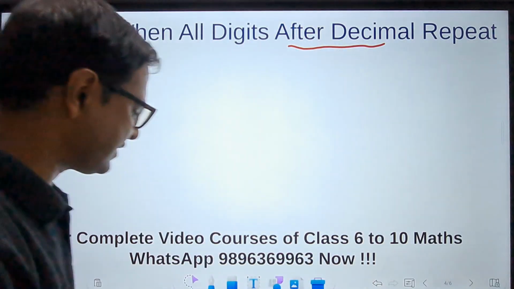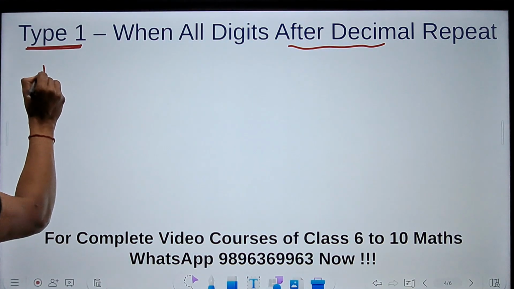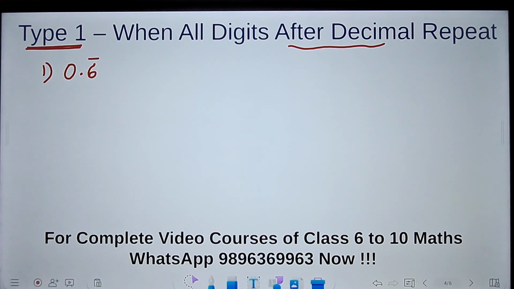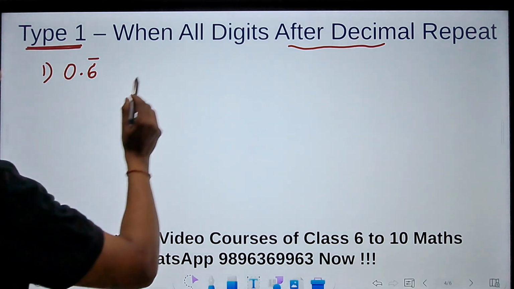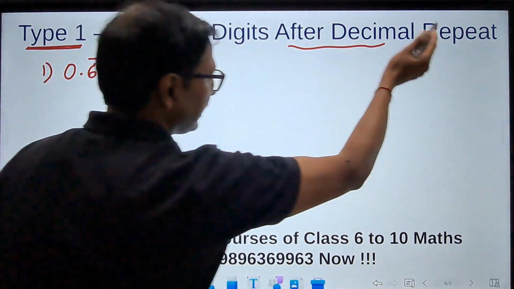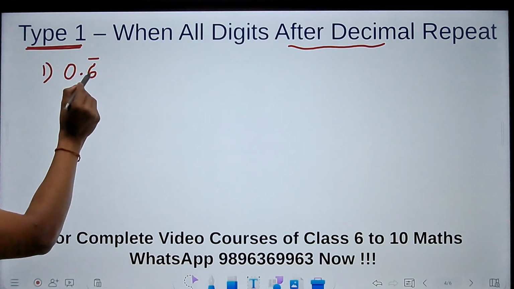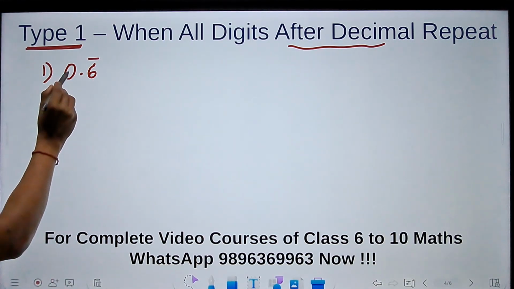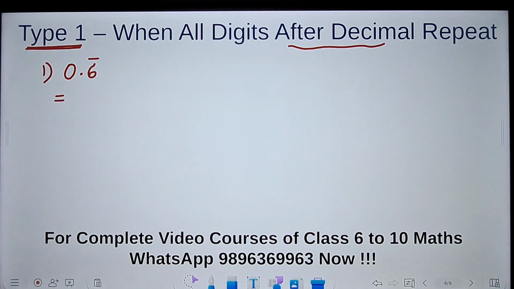So let's take some examples. Suppose I have a question where it is 0 point and 6 is repeating itself. So 0.6 bar. Now I told you all the digits after decimal are repeating. So 6 is the only digit after decimal and it is repeating 6, 6, 6, 6, 6. So what do you do in such case? Just forget the bar.